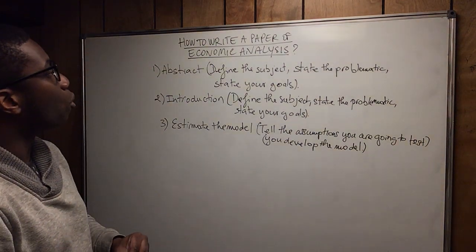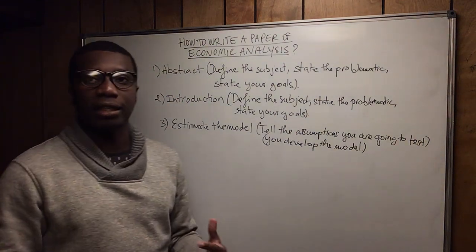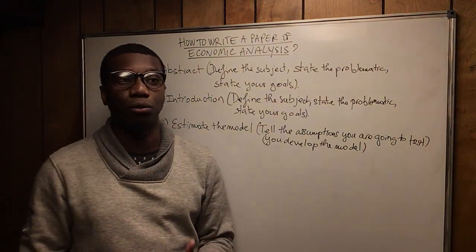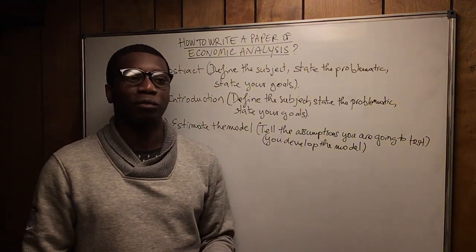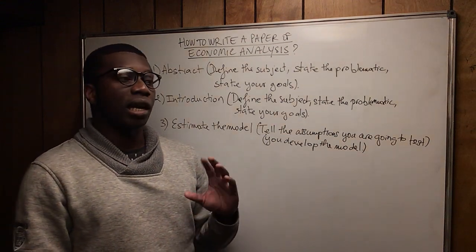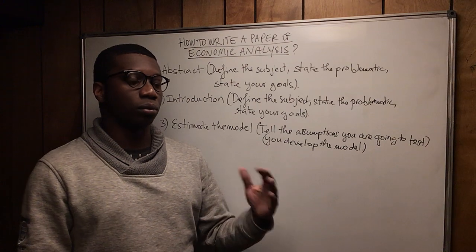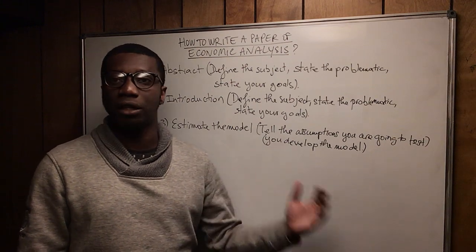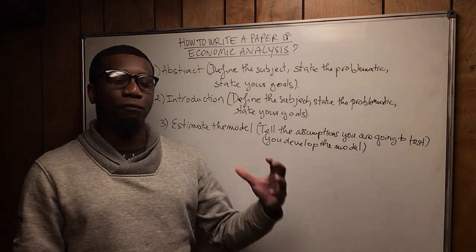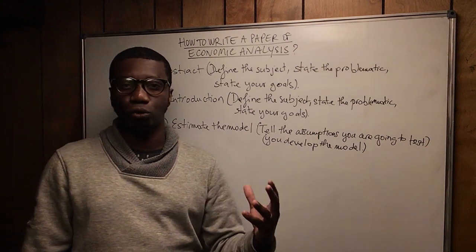Let me tell you that most papers of economic analysis are generally papers of econometrics. You basically have to use econometric modeling, specifically if you want to publish with academic journals. Unless you submit your paper to the Journal of Mathematical Economics, where you don't have to use econometrics, but you still have to use math.